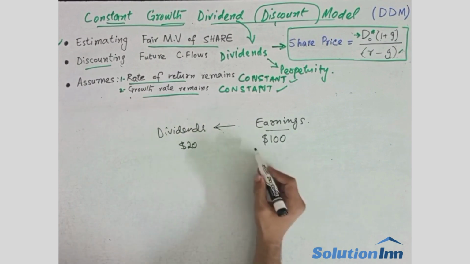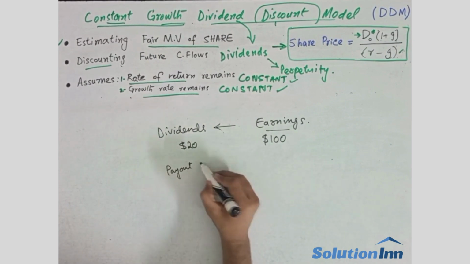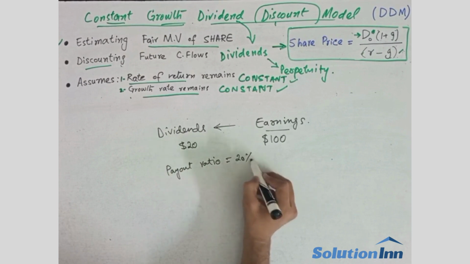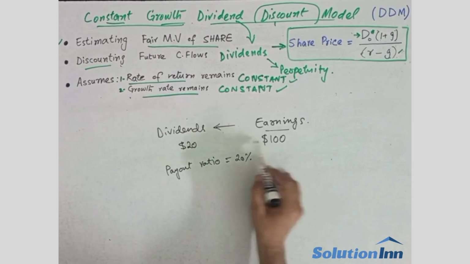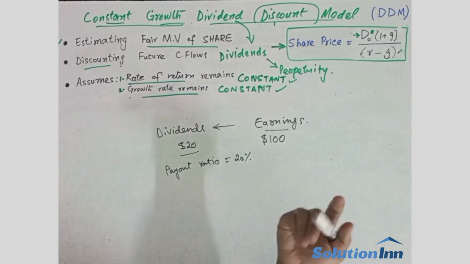That is something we call the payout ratio. That is 20%. So if out of 100 you are paying $20, then what are you retaining?